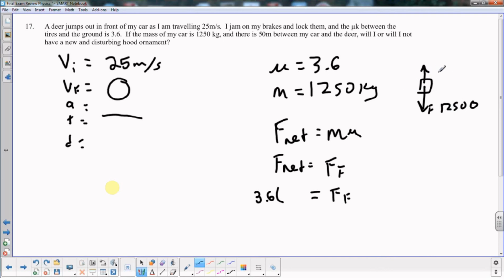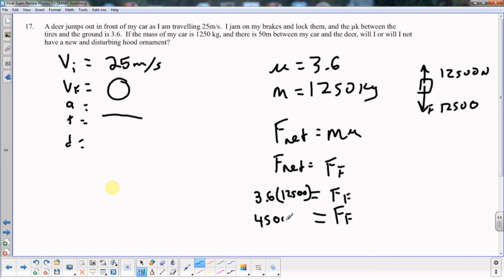So the force of friction is mu times the normal force. So what we can do is figure out very quickly, 12,500 times 3.6 gives us 45,000 newtons of stopping power. Your tires, my tires, these tires will give us 45,000 newtons of friction.